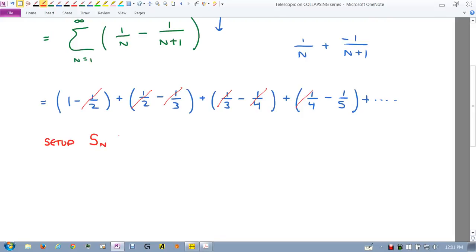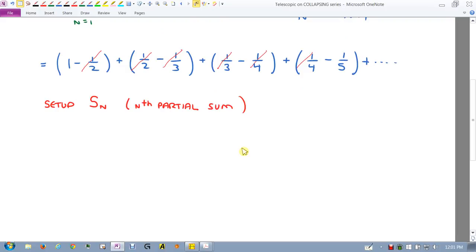S sub n, which from last class is called the nth partial sum. Now, the reason why we're going to set up the partial sum is this. Recall from last class, that the actual sum of this series, we called it capital S, right?